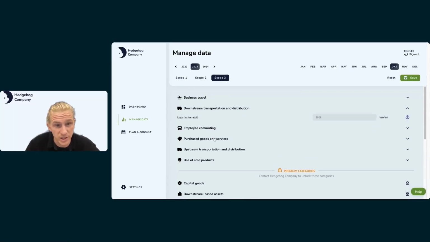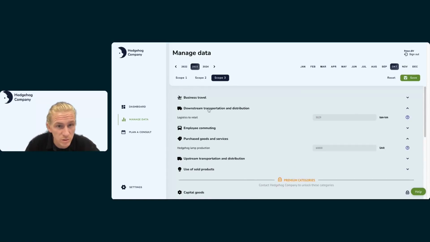The ones interesting here are the downstream transportation and distribution. Here we are listing the ton kilometers of our logistics. So that's the weight times the amount of kilometers that this is shipped. And we have the lamp production, so the purchased goods and services. How many resources do we need for our lamps?